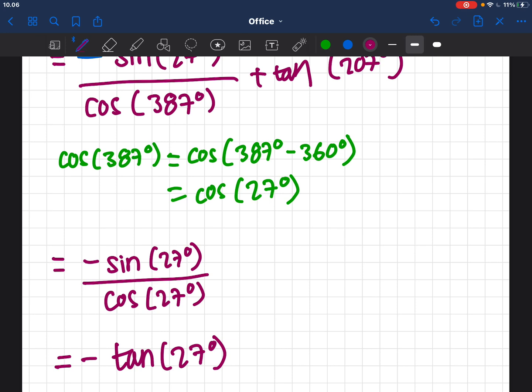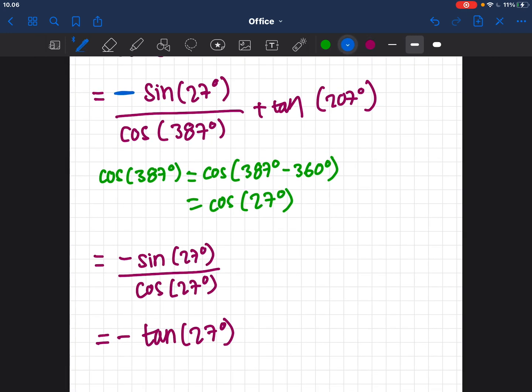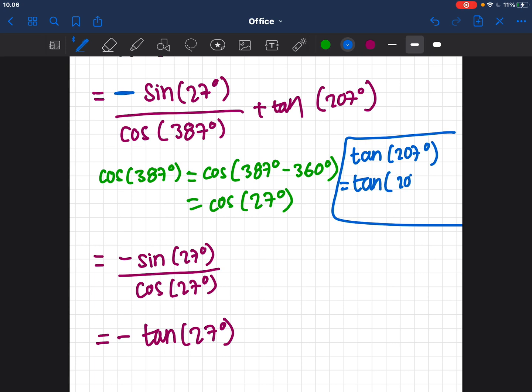Okay. Awesome. So let's see with the tangent there. The tangent here didn't go for the full circle, but we can say it went half of a circle. Okay. So this is tangent of 207 minus 180. So this is the same thing as tangent of 27 degrees. So in other words, tangent of 207 degrees is the same thing as tangent 27 degrees, right?